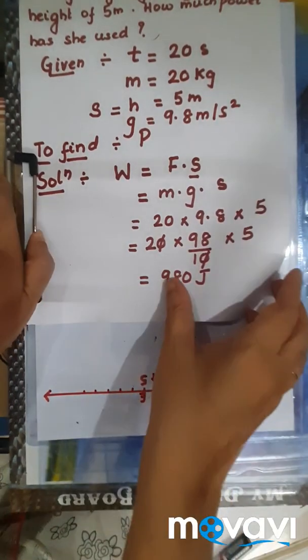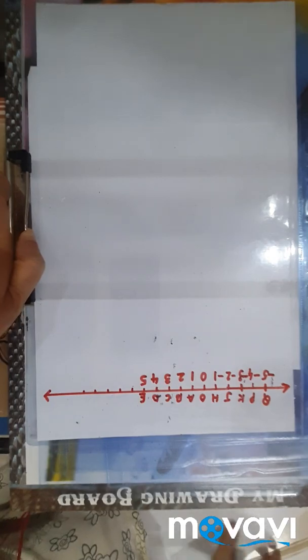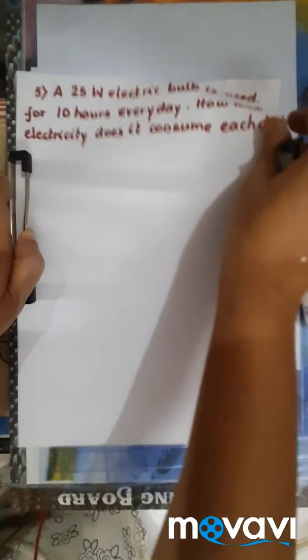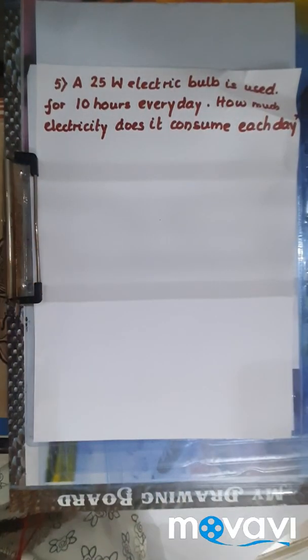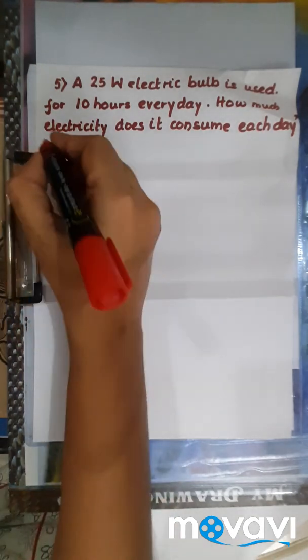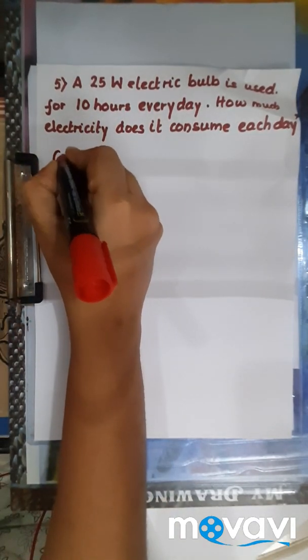Now see the last question of the solved examples, right? A 25 watt electric bulb is used for 10 hours every day. So what is given to me?